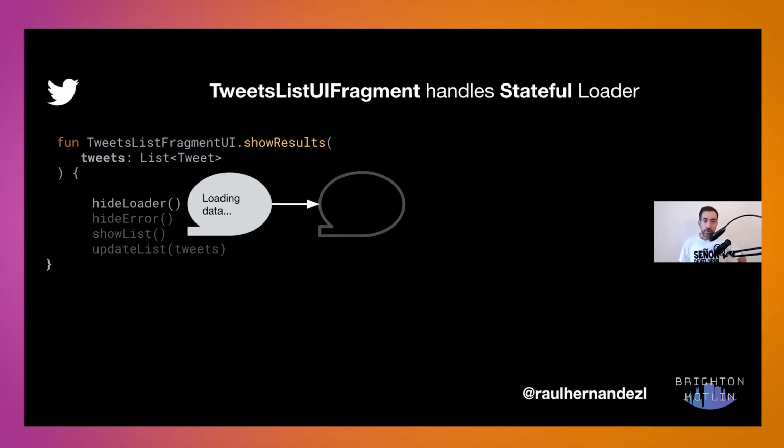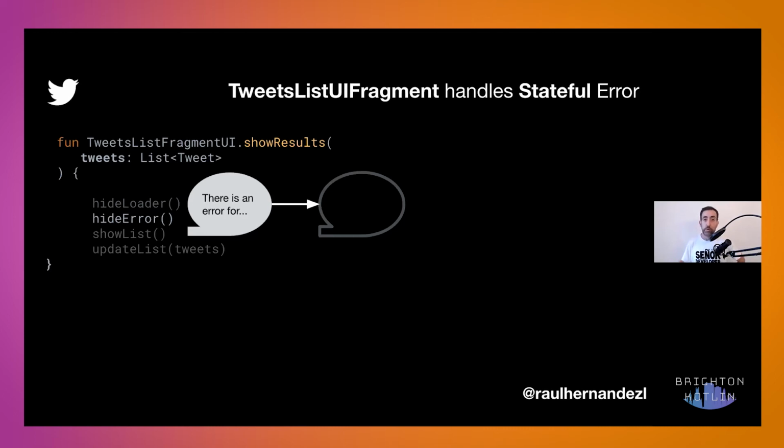And this one has a few other functions. Let's say, first of all, we have a loading spinner, this one that is indicating to the user that something is being loaded. And that is visible now, but we want to show the results, so maybe we don't want to show the loading spinner. So we need to hide it. That's the first state we need to manipulate. Second state, we have an error message. Maybe it was visible as well, so you need to hide it.